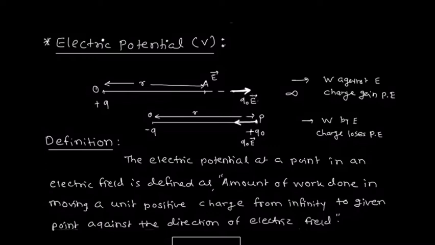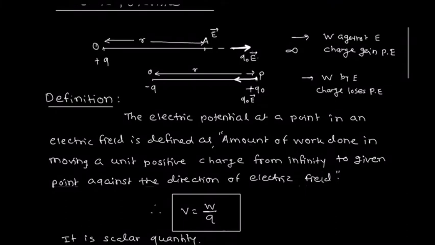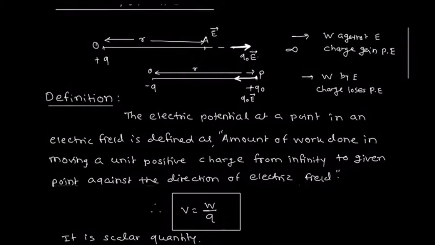Hence, electric potential at a point in an electric field is defined as the amount of work done in moving a unit positive charge from infinity to a given point against the direction of electric field. That electric potential is positive since it gains potential energy.